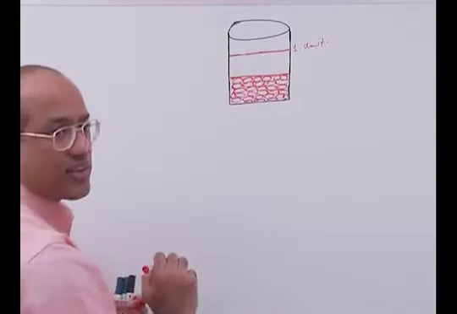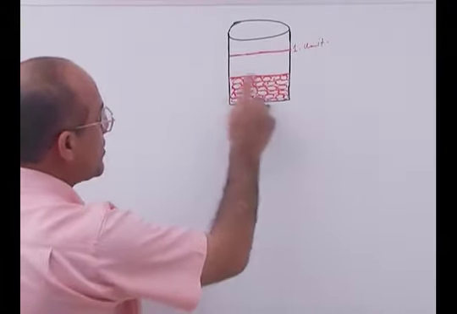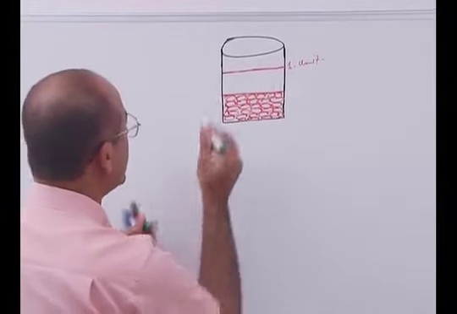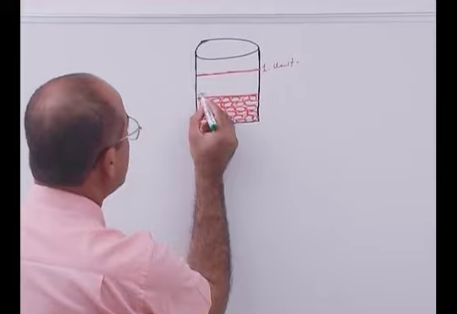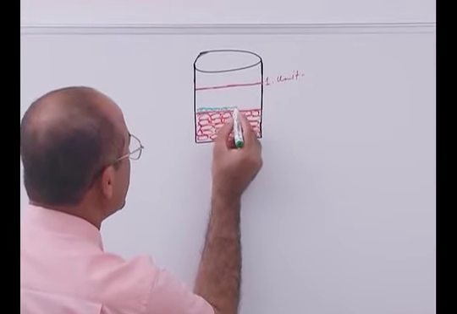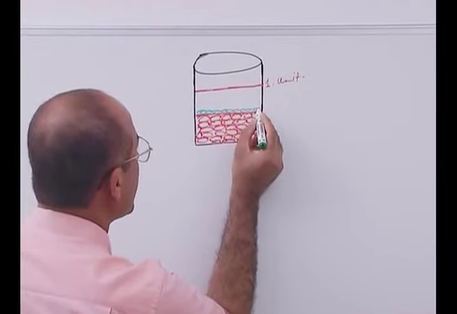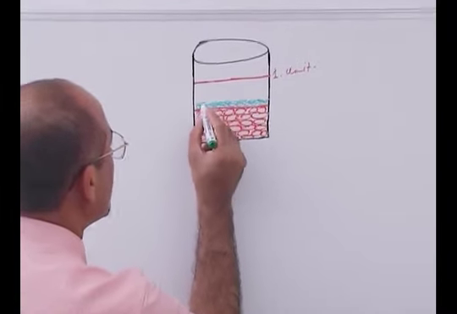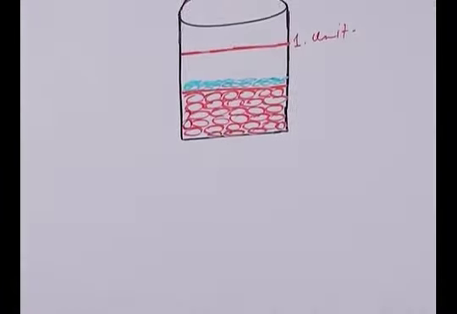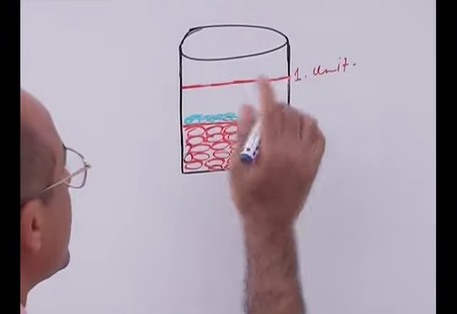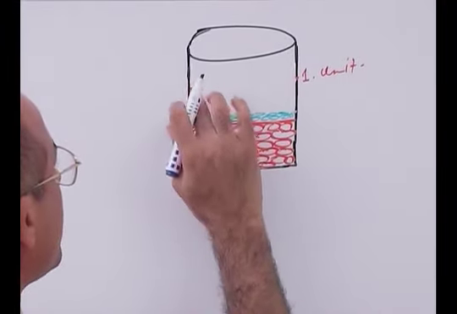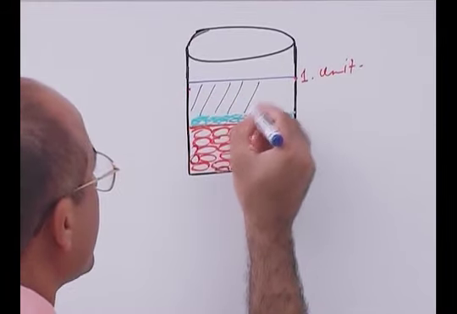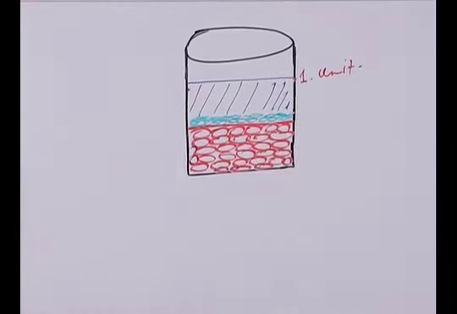Now these are the cells. This all is mostly red blood cells. There are some cells here, we call it the buffy coat. This is actually a very thin layer made by white blood cells, right? And above that, all this is plasma.